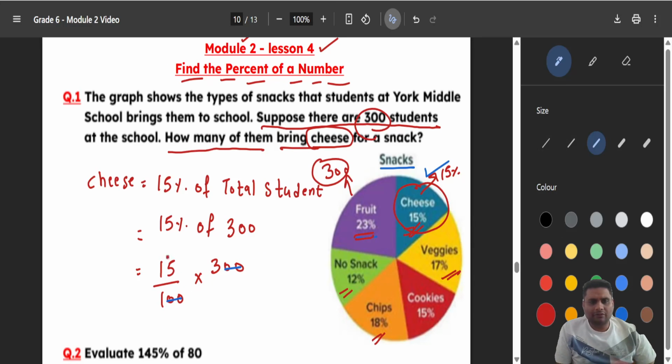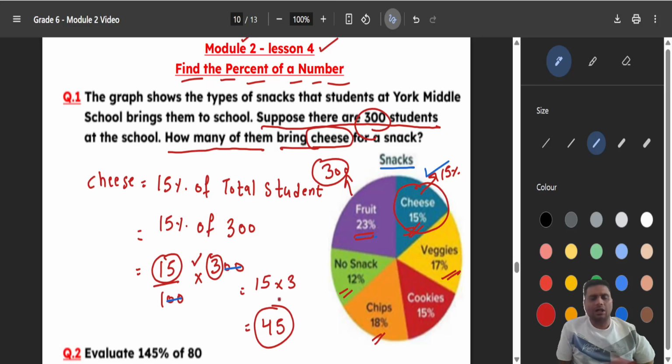Finally 15 times 3, which gives me 45. It means that out of a total of 300 students, 45 bring the cheese snack. So this is the answer.